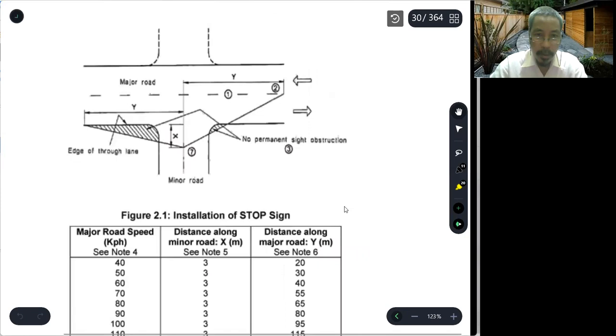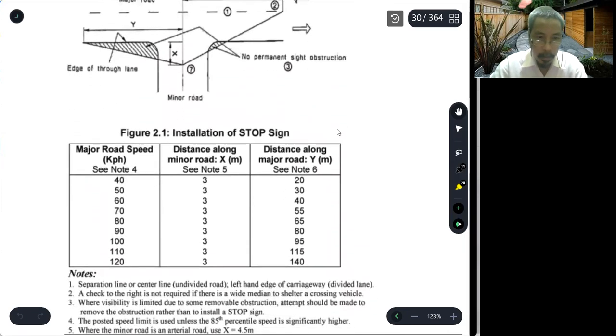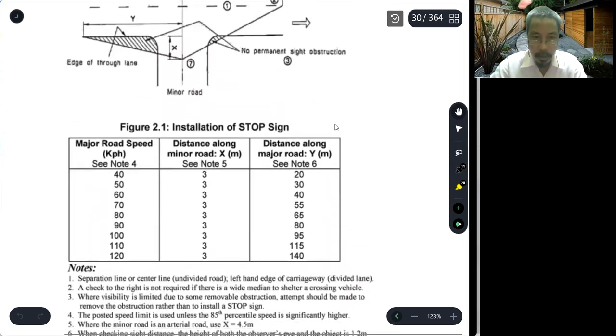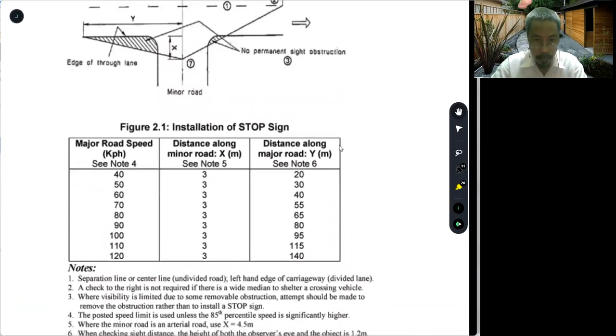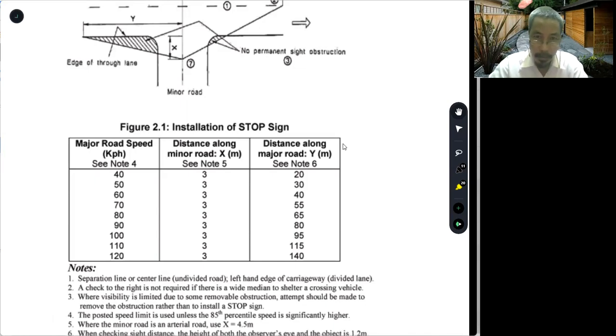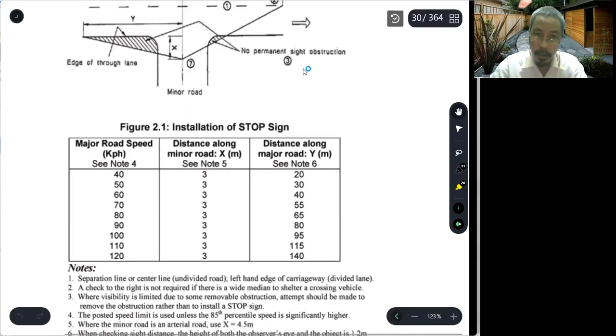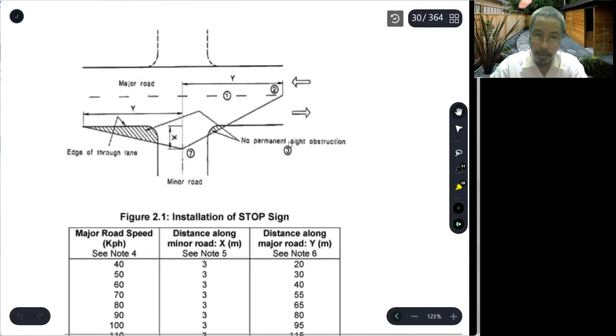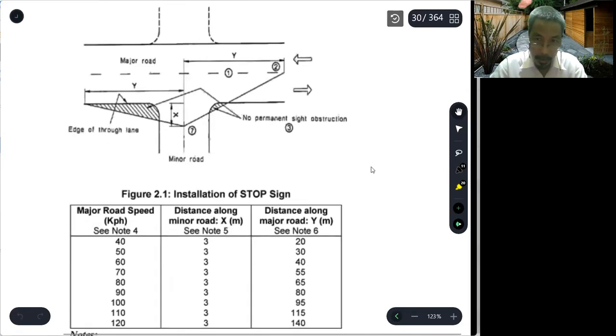Number three, where visibility is limited due to some removable obstruction, an attempt should be made to remove the obstruction rather than to install a stop sign. Number three, remove the obstruction rather than install a stop sign on those areas. So the stop sign should be located before that.